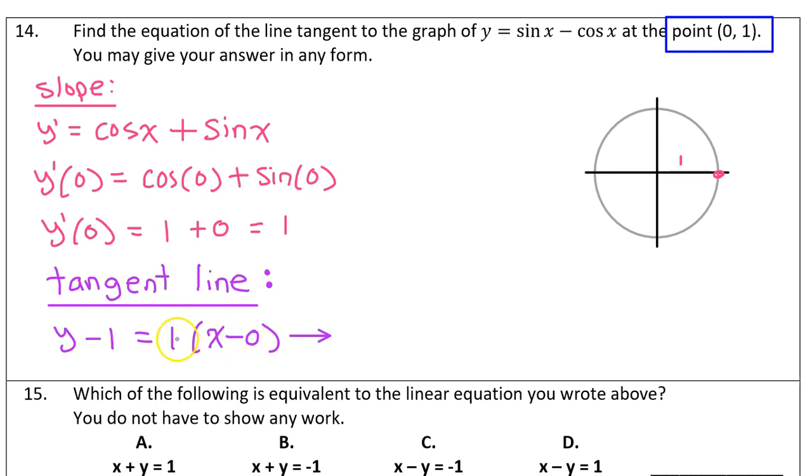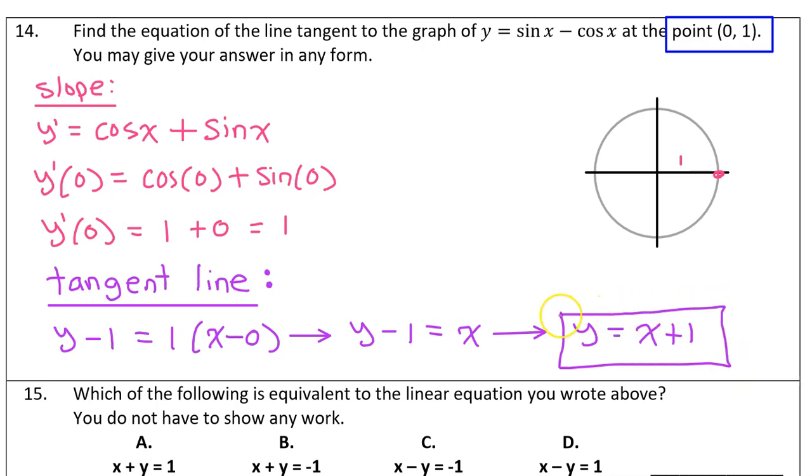Disregarding the 0 and the 1, this is y minus 1 is equal to x. And if we were to add 1 to both sides, we would get y is equal to x plus 1. So this is more likely what you would see as an option on a multiple choice question.